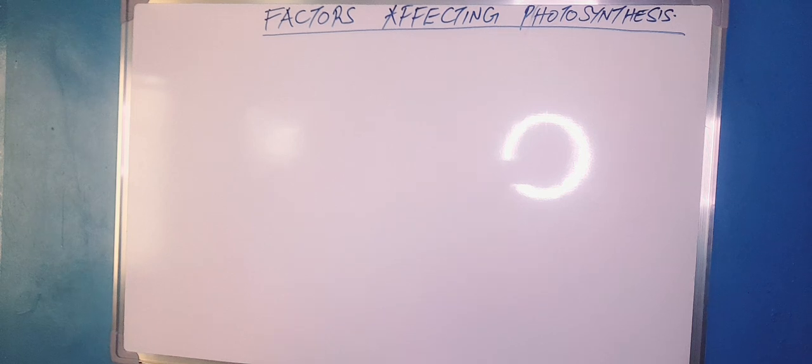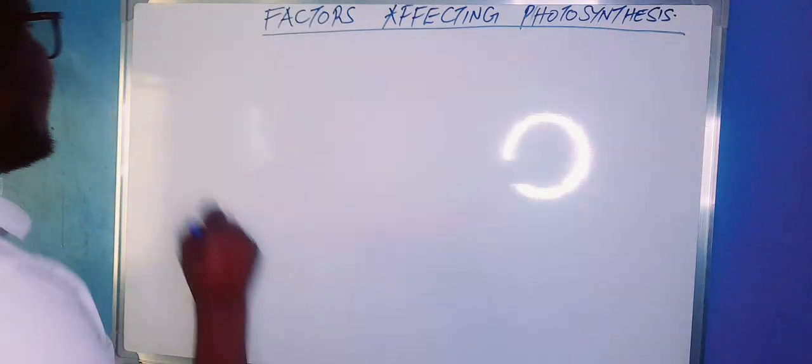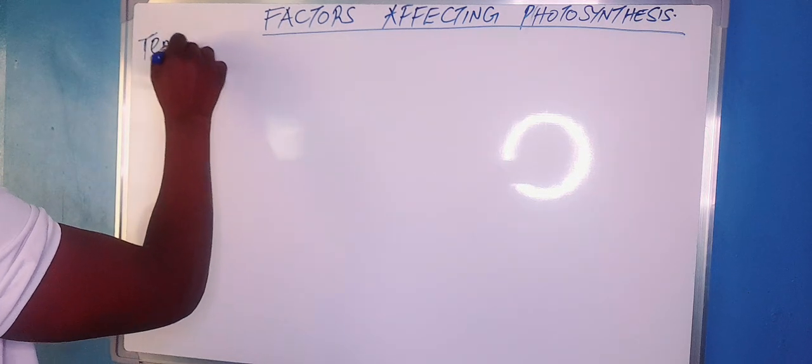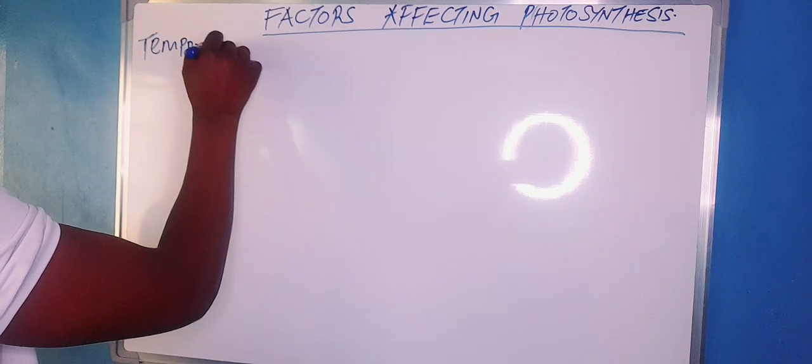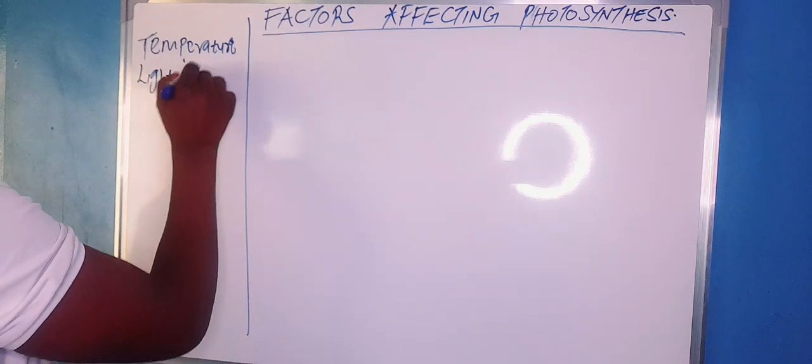Let's discuss the factors affecting the rate of photosynthesis. Which are these factors? Number one, we have temperature. Number two, light intensity.